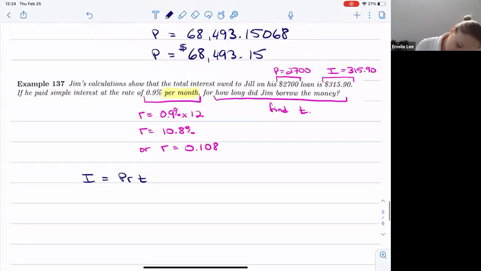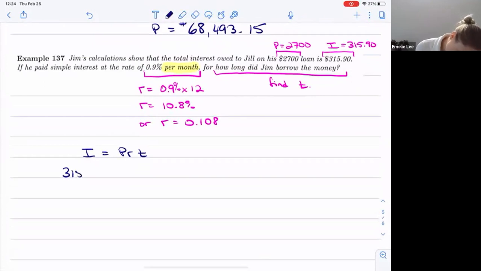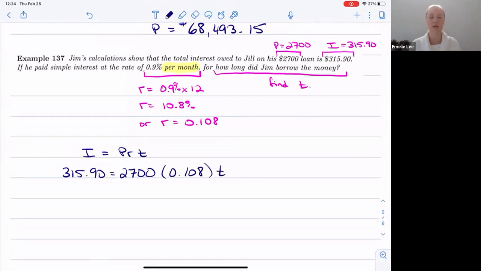So I was $315.90 equals P, which was 2,700, times R, which is 0.108, times T, which we're trying to find. I'm actually going to do this on the side here because going back and forth, again, I run the risk of adds, and it's really annoying. 2,700 times 0.108.